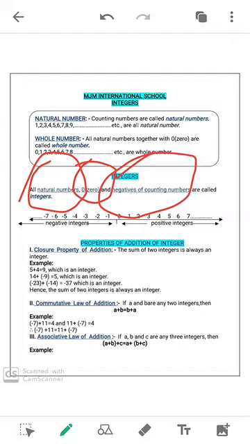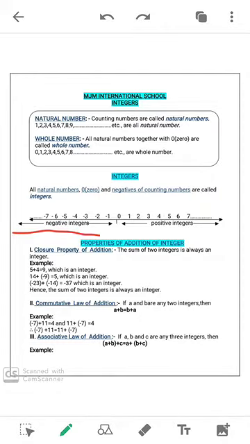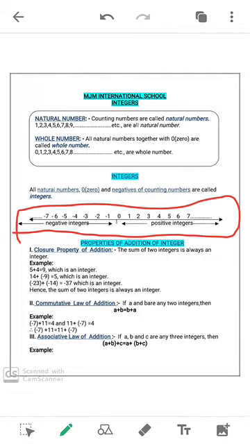I have shown it in the number line. Here it is, number line: negative integers, 0 and positive integers.